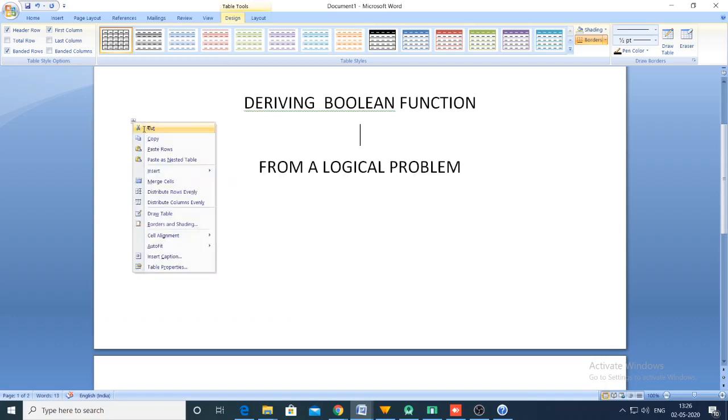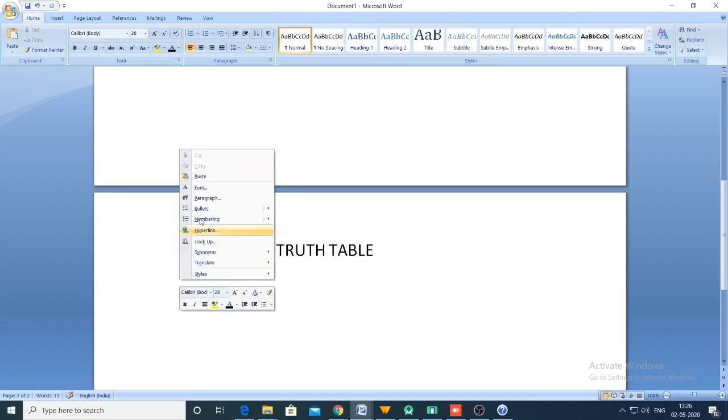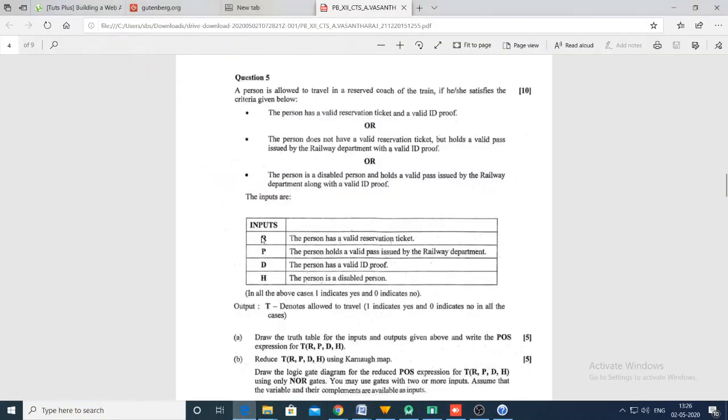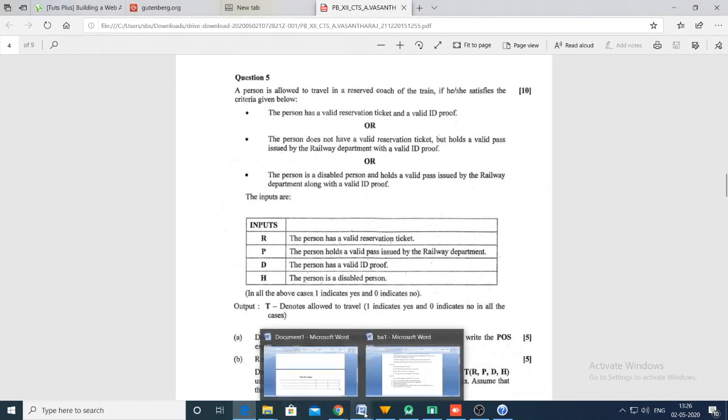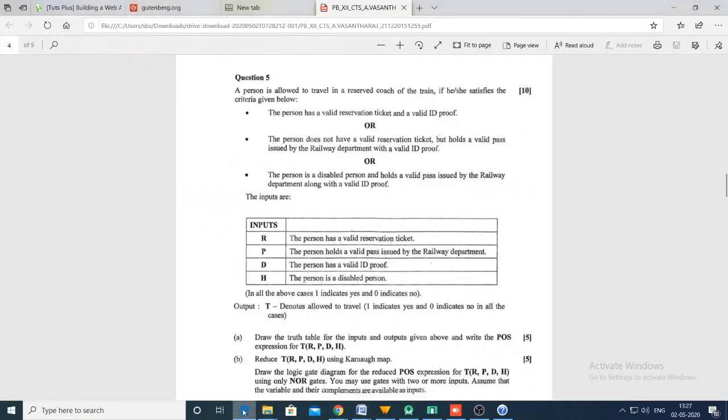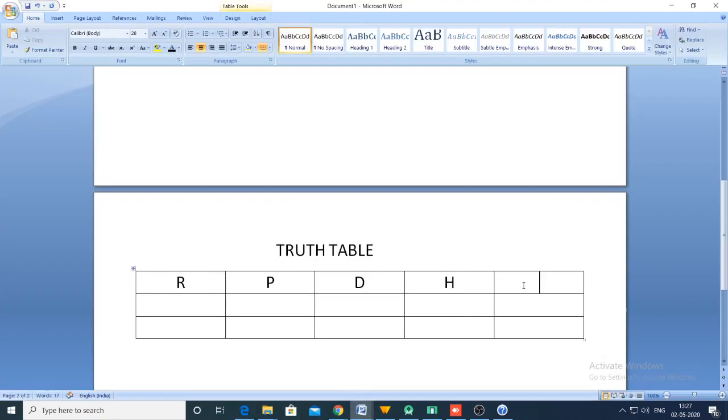We have to remember the sequence: R, P, D, H, we should not change the sequence of the input variables. The output variable is T.